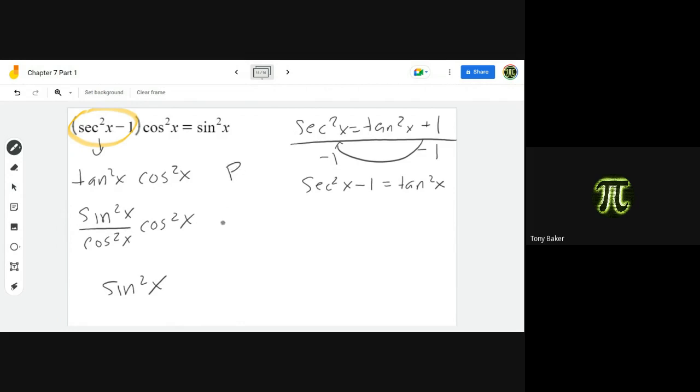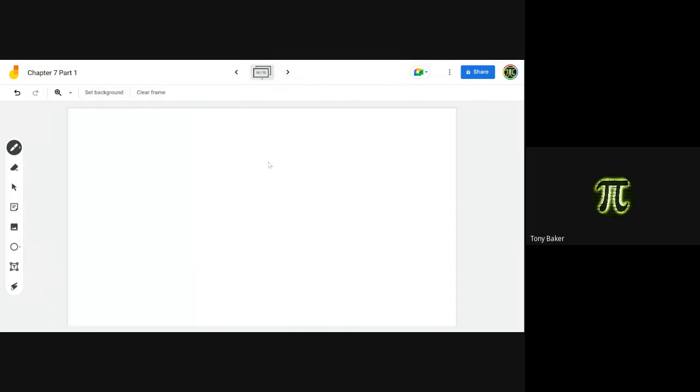So we have Pythagorean, quotient, and algebra. All right, try this one.